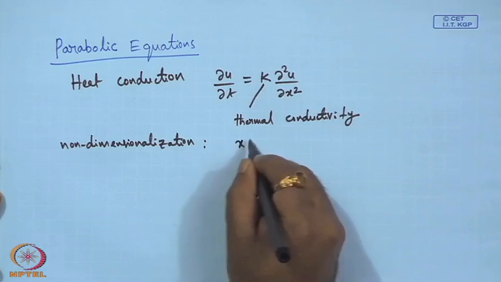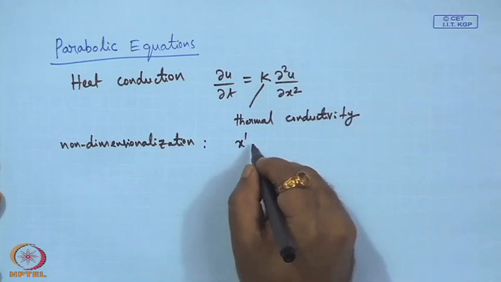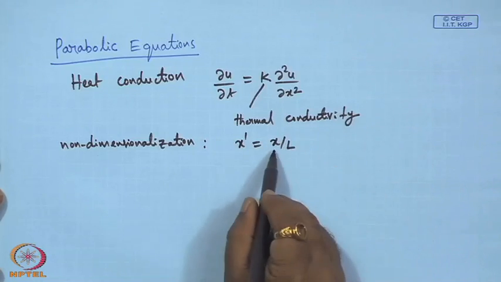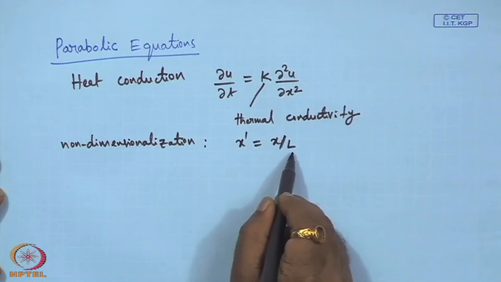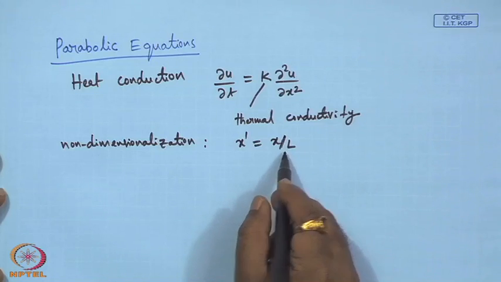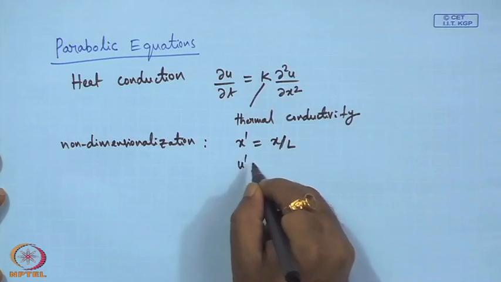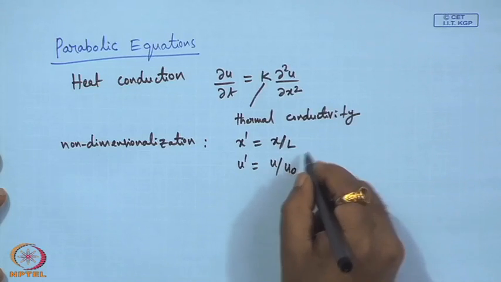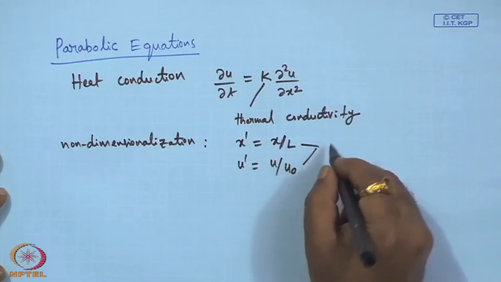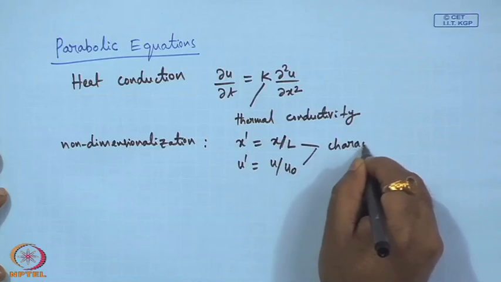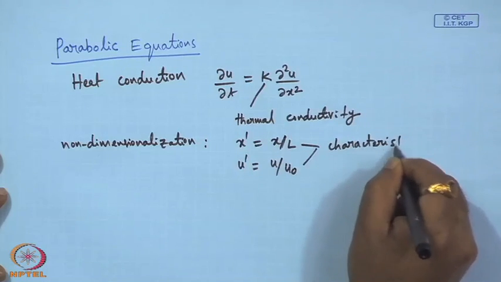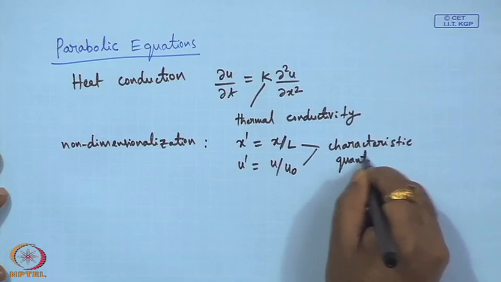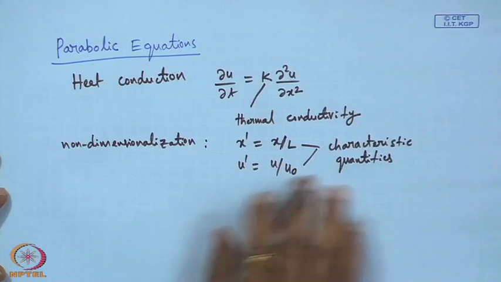We have to introduce new variables. x is space, so we divide by a length scale, and u is temperature, divided by a characteristic temperature. These are called L and u naught, some characteristic quantities which are supposed to be known.